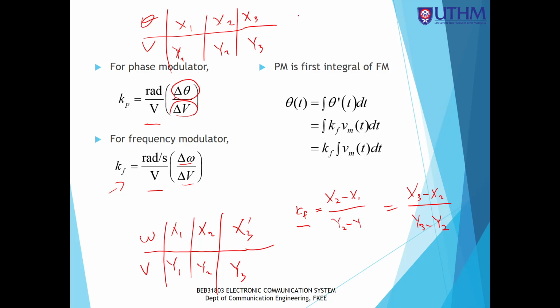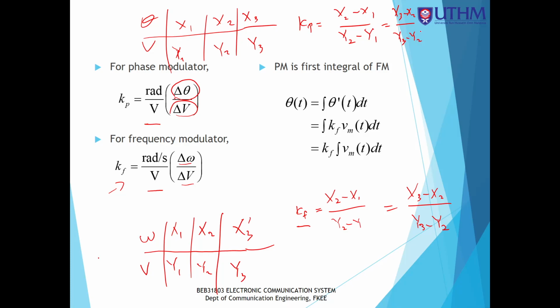Okay, so if you want to find Kp, Kp is equal to x2 minus x1 over y2 minus y1, or this is x3 minus x2 divided by y3 minus y2.